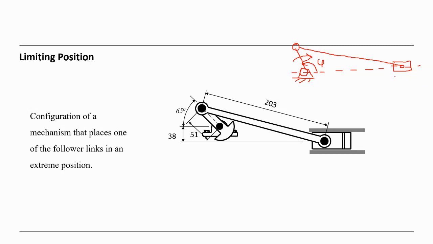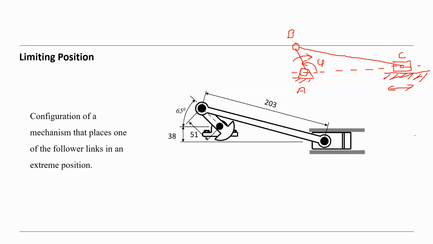And the slider or piston makes the linear motion, moving horizontally left and right. Let's say this is A, this is B, and this is C here.